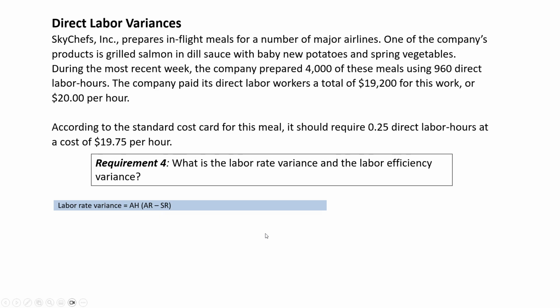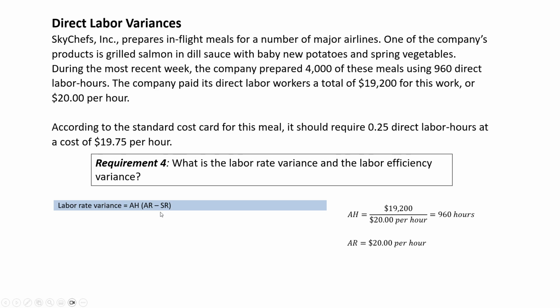The total actual number of hours is going to be 960. Now, they went ahead and gave it to me. I worked through it. If they hadn't, if it was $19,200 total dollars divided by $20 per hour, it would have been 960 hours. But they did give me that information. Actual rate per hour was also given to us at $20 per hour.